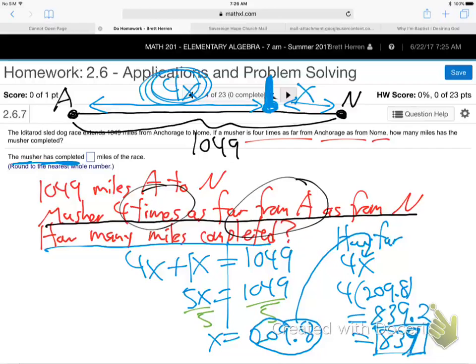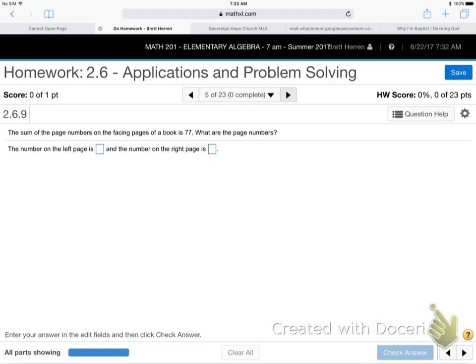All right. They're just throwing all different kinds of word problems at us here. The sum of the page numbers on facing pages of a book is 77. What are the page numbers? Well, if you take a book and you open it up and you're looking at facing page numbers, what do you know about those two numbers? Like say I open up a book and I go, hey, this is page 73.